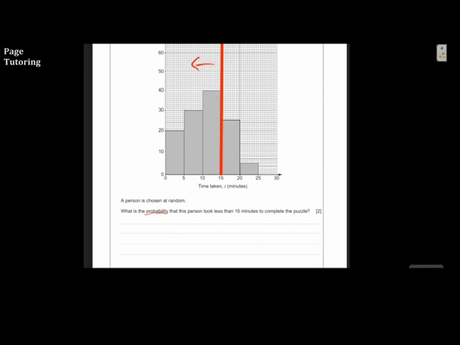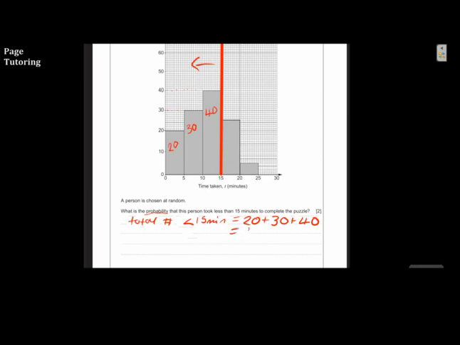So what we're going to do is we're just going to look at each of these bars. We can see there's 20 here, just following along there. There's 30 here, and there is 40 here. So in total, the number where it's less than 15 minutes would be 20 plus 30 plus 40.